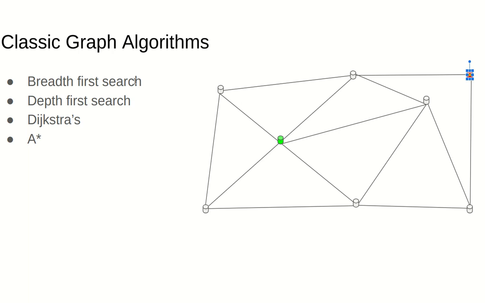The simplest brute force approach is a breadth first approach, where, starting at our initial node, we add our neighbors to a to-do list, and then iterate through them one by one, checking to see if any of them is the goal.